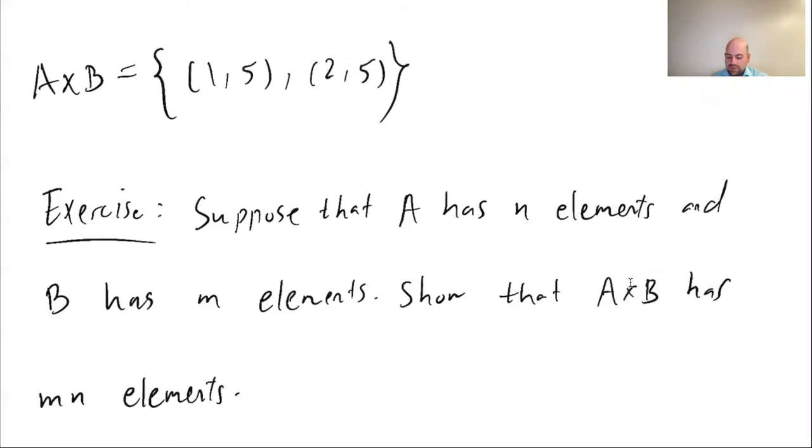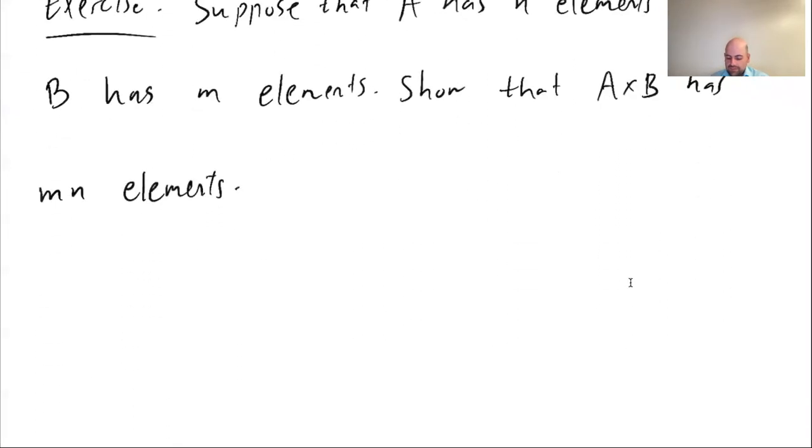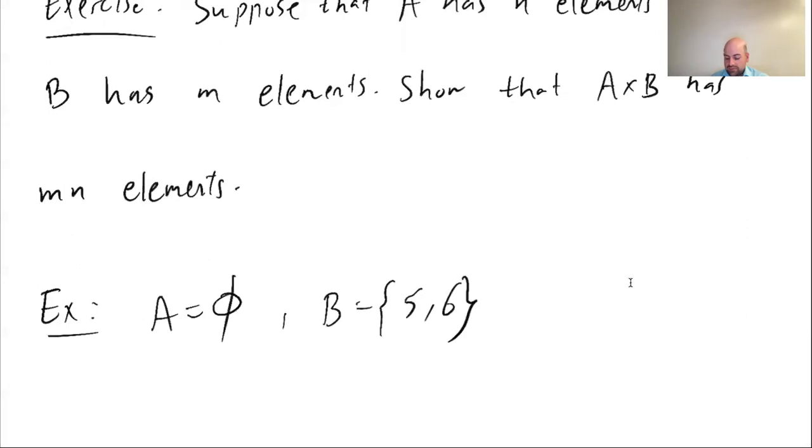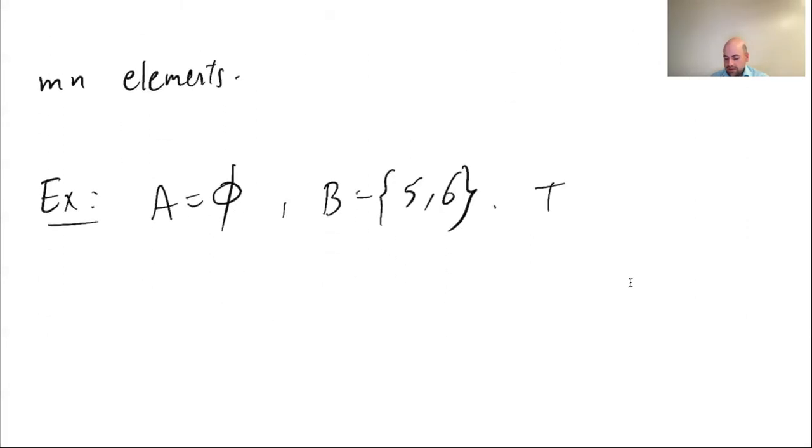Now another example, let's say A equals the empty set, and B equals {5, 6}. Then what do you think in this case A cross B would be? If A is the empty set, B is {5, 6}, we have to look at the definition: all the pairs of the form (a, b), where a comes from the first set, but the first set is the empty set, has no element in it.